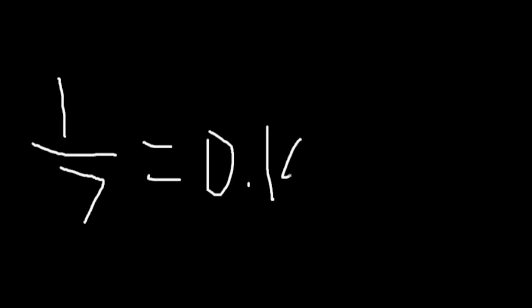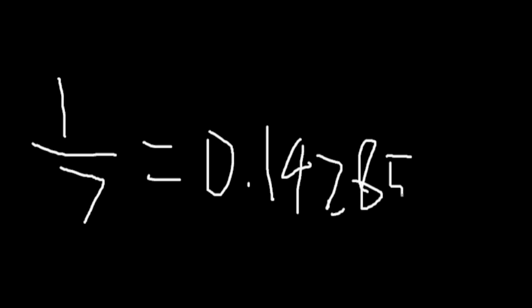Now let's look at a different example. The fraction 1 over 7 is equal to 0.142857, and then 142 and so on. So, as we can see, in 1 over 7, we have a decimal that is repeating, but instead of repeating just a single number, it repeats a sequence of numbers.